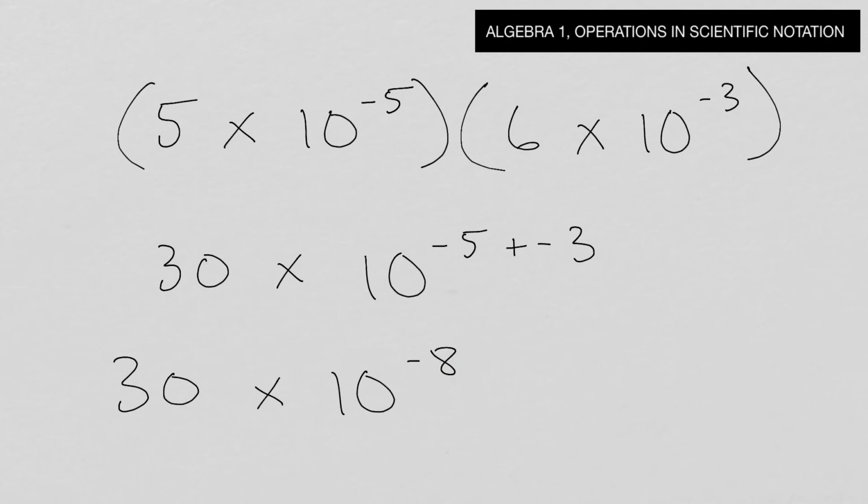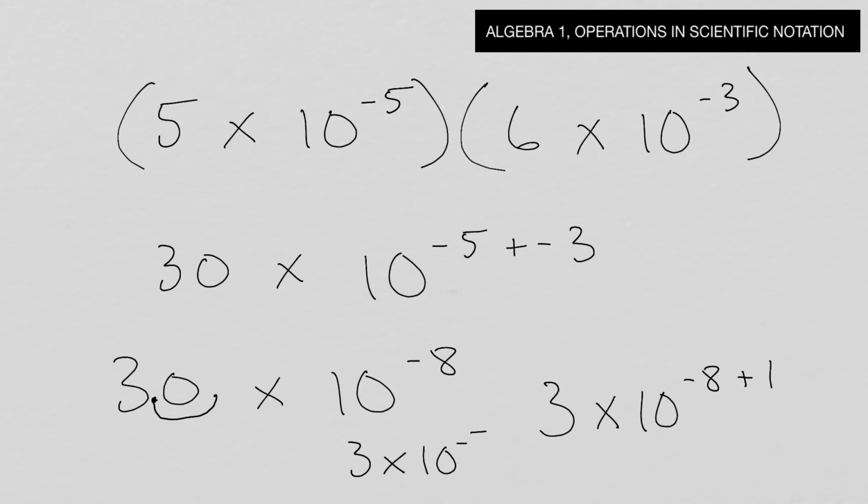So I'm now going to have 3 times 10 to the negative 8 plus 1. Remember, when I move this decimal to the left, I'm increasing it. So there's that plus 1. So for our answer, we get 3 times 10 to the negative 7th.